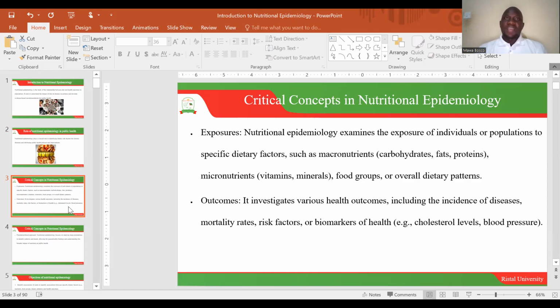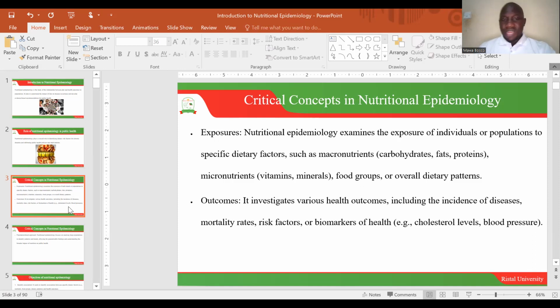So we are basically looking at the dietary factors: what diets are people eating, and what risk do they put them at. Those risk factors in terms of dietary factors are the ones we are calling the exposures.